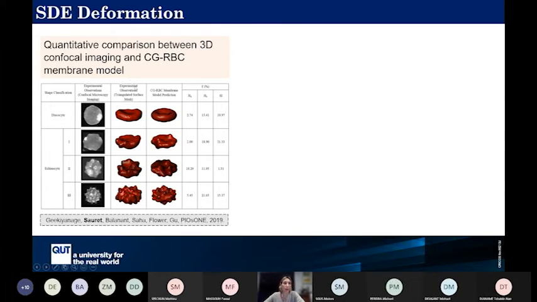We then retrieved the shape using a triangulated surface mesh, and then we compared this experimentally reconstructed shape against our computational model. Overall, there are some differences for the different parameters that we looked at, with the highest difference being around 20%. But again, based on the complexity of the shape, I'm not surprised to have 20% difference, but I think that's already a pretty good achievement for this type of modeling.